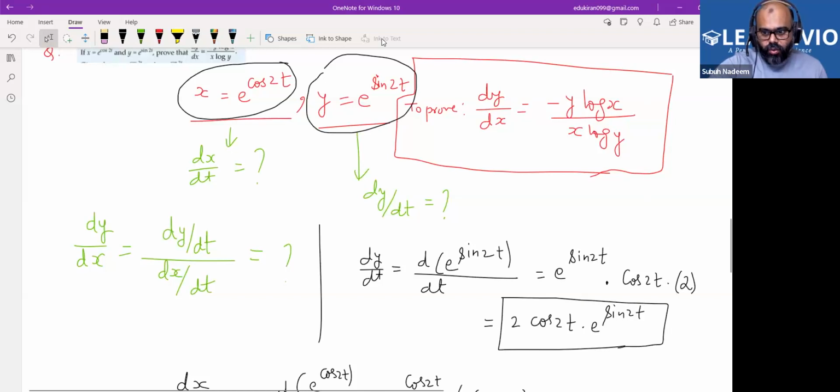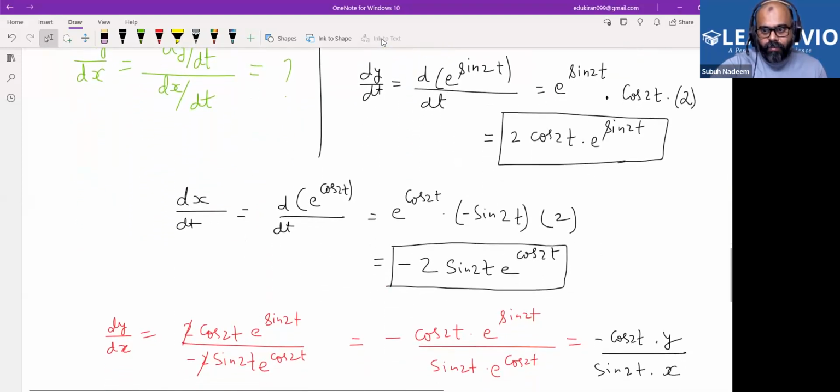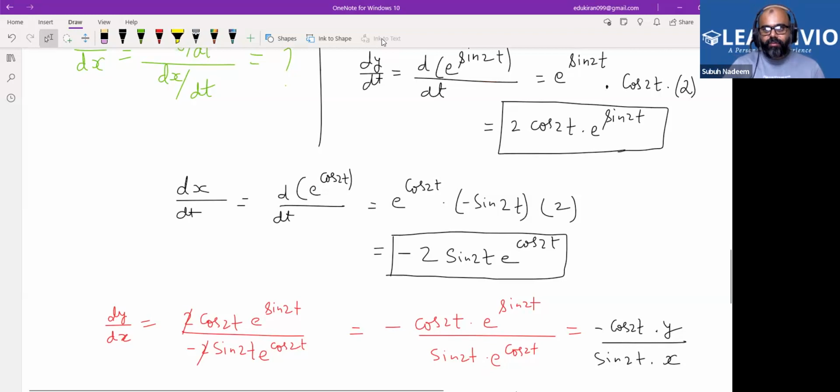So it is now, so you should know how exponential changes into log. That is the point which we need to know in the end.